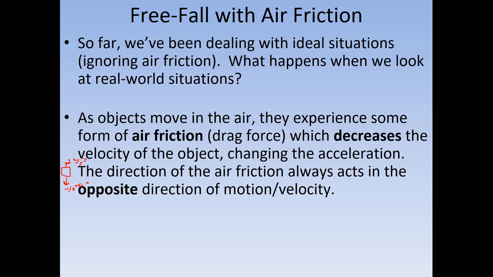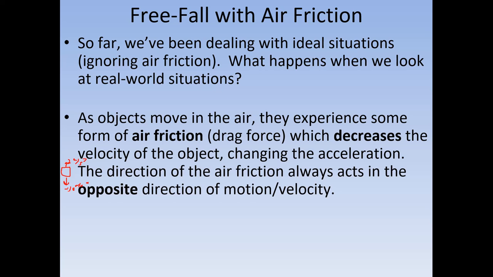So this is actually the reason why when we drop objects in the real world, like a feather and a penny or a piece of paper and a textbook, they don't look like they fall at the same rate. Technically, they should, and in reality they would if they were only affected by the acceleration of gravity.